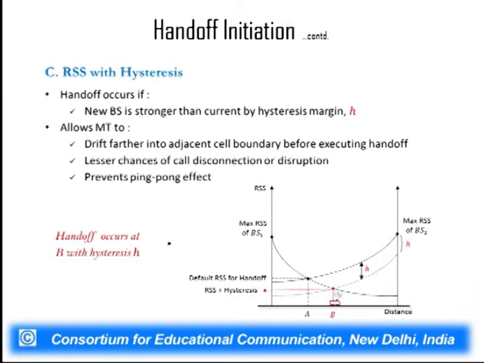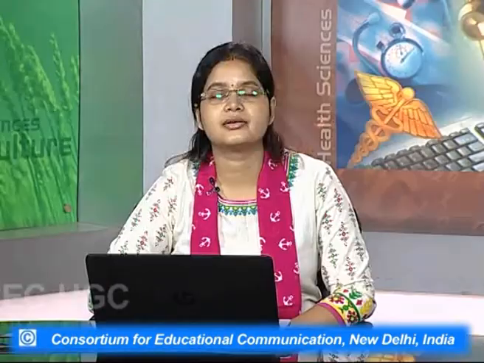And now the intersection of the two RSS levels is at point B, and it is quite far away from point A. Okay, this point A is the one where the ping pong effect tends to happen very frequently. So this method, no doubt, will act comparatively better than the threshold version of RSS and the normal version of RSS as well.